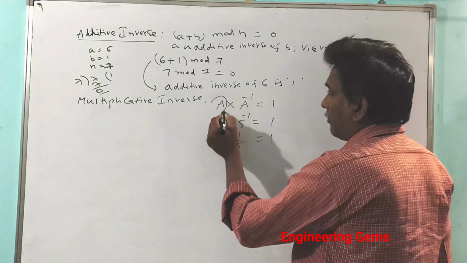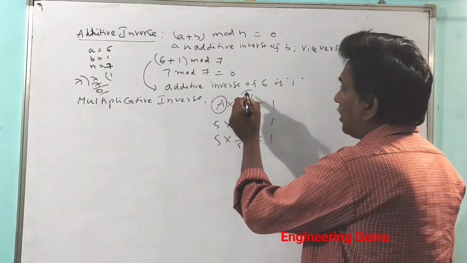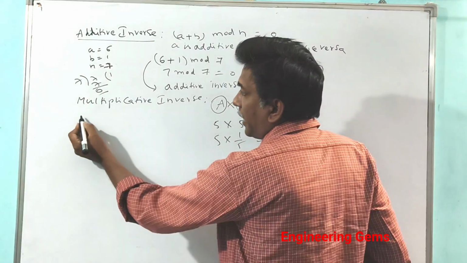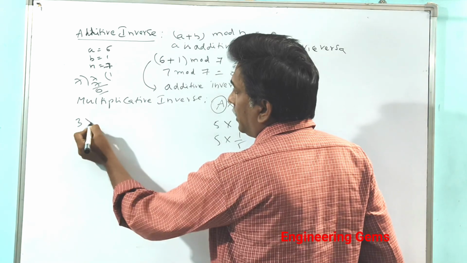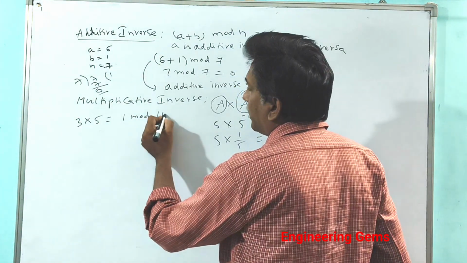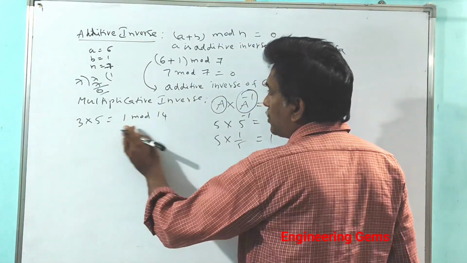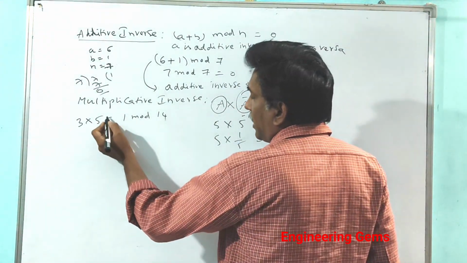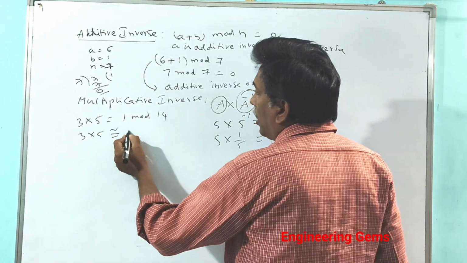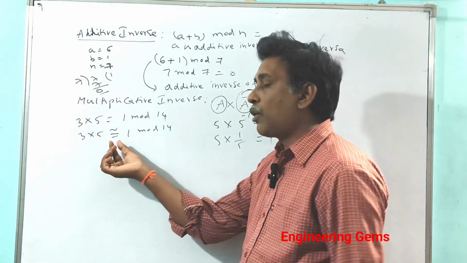So for a, the multiplicative inverse is a inverse. We can write 3 into 5 congruent to 1 mod 14. We generally write in cryptography 3 into 5 congruent to 1 mod 14. Instead of equal to, we write congruent.